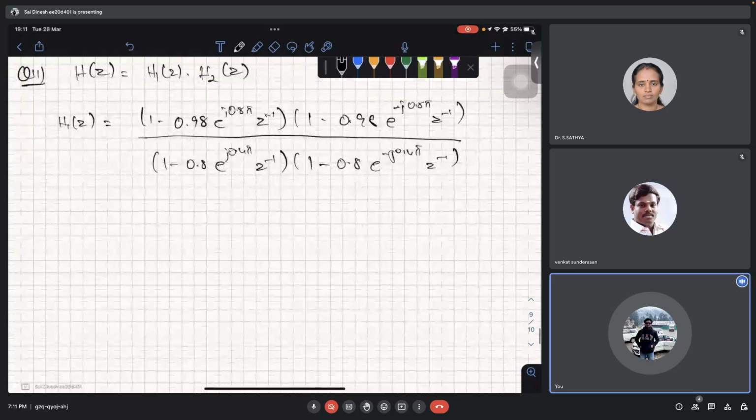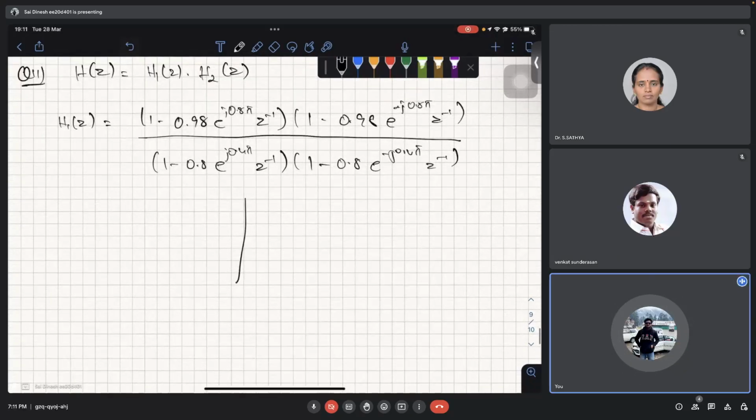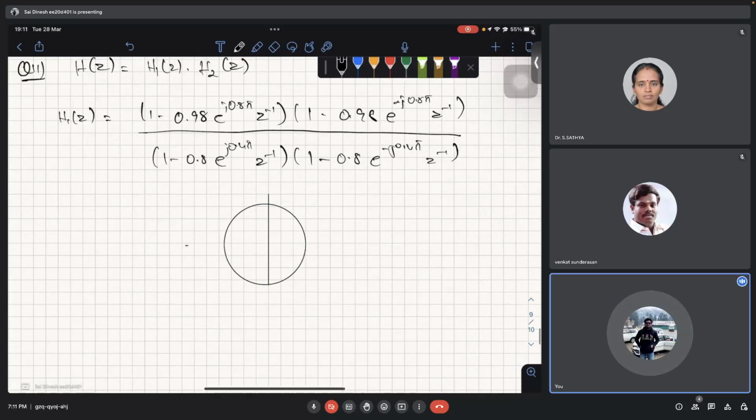So how does the plot of this look? It's something like we have two zeros very near to the unit circle, and then there are two poles.